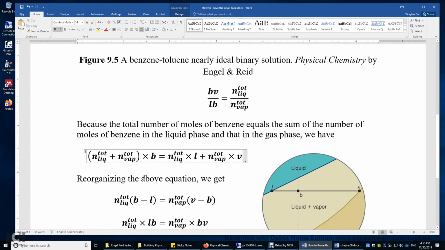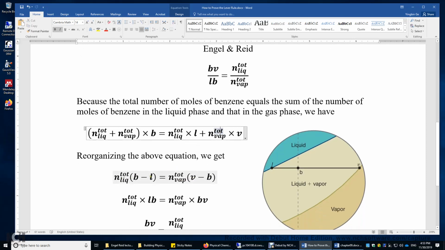And then we can reorganize this equation. We look at this N liquid and N vapor. We put N liquid on the left-hand side, N vapor on the right-hand side, and then we have this equation. B minus L is simply the segment LB over here.